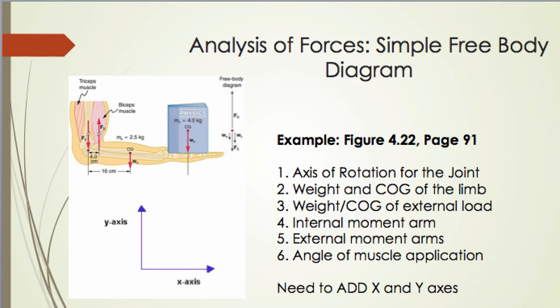How do we know it's negative? Let's take a moment and look at the XY axis on the right side of the diagram. We can see that the X is going down the long arm of the mobile segment, the tibia, right? We know that's how it works. And the Y-axis is 90 degrees counterclockwise from that, right?